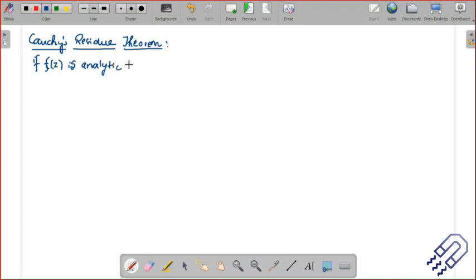Don't write it in short; write it down properly. If f(z) is analytic inside and on a simple closed contour C, it need not be analytic everywhere.